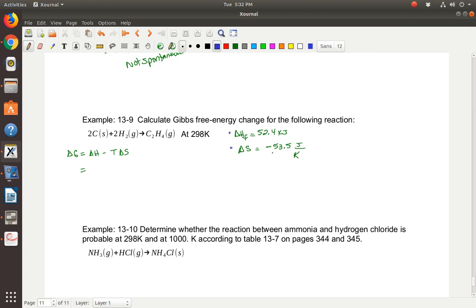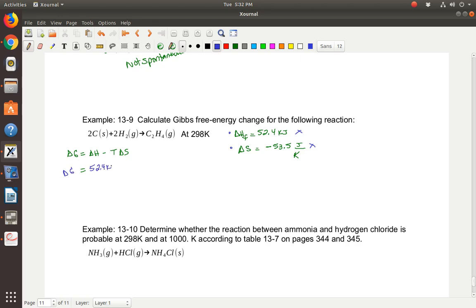Products minus reactants. In this case, we have something that's not normally good for delta H, so that's not normally good. And delta S is also not normally good, because it's negative, and delta S should be positive if it's going to be spontaneous, and delta H should be negative if it's going to be spontaneous. So we put them in to this delta G situation and see what happens.